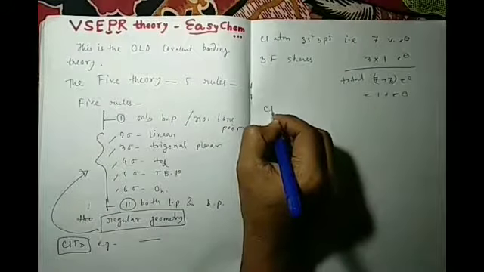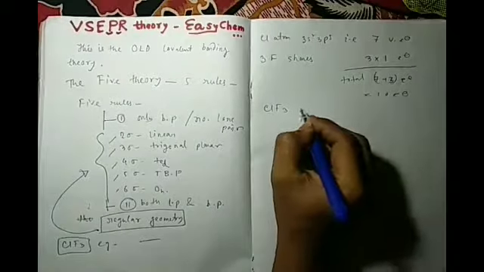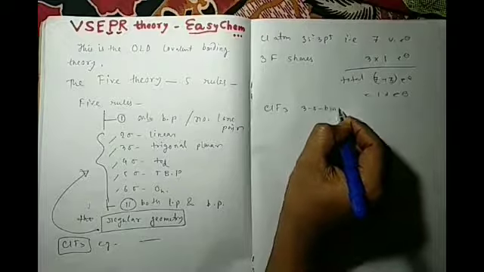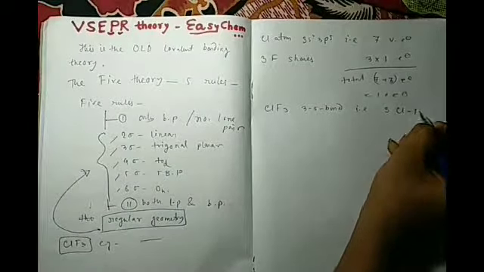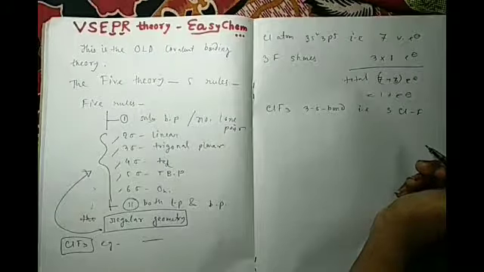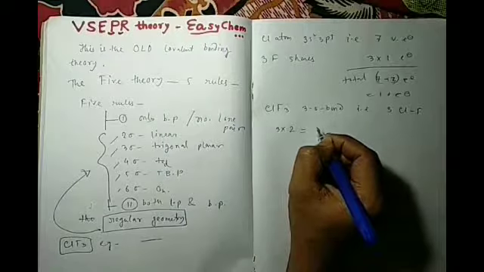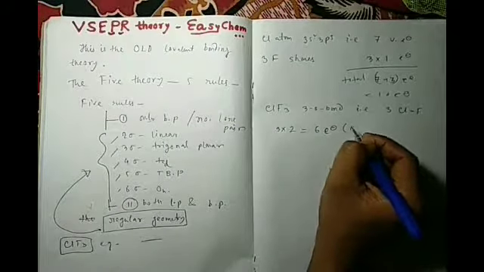Now in the compound ClF3, only 3 sigma bonds, that is 3 Cl-F single sigma bonds are present, which contain 3 cross 2 equals 6 electrons, that is sigma electrons.